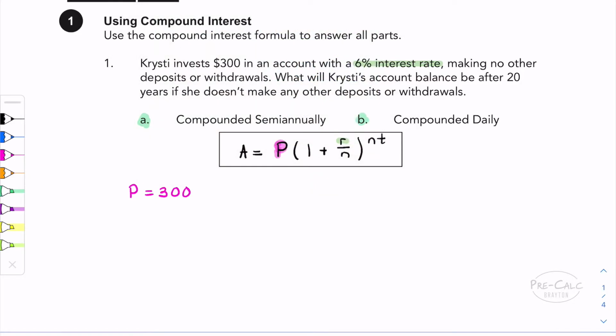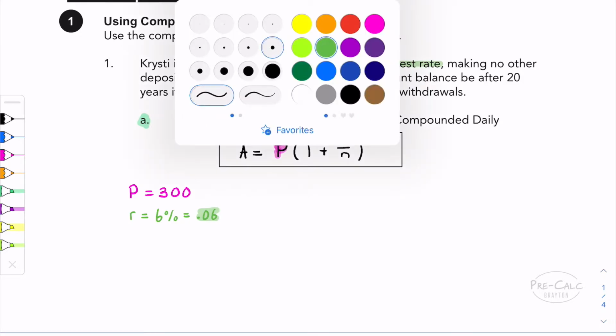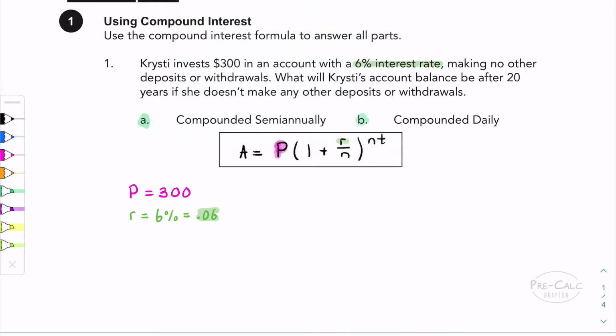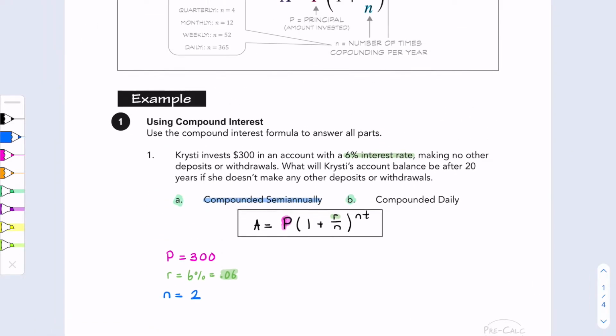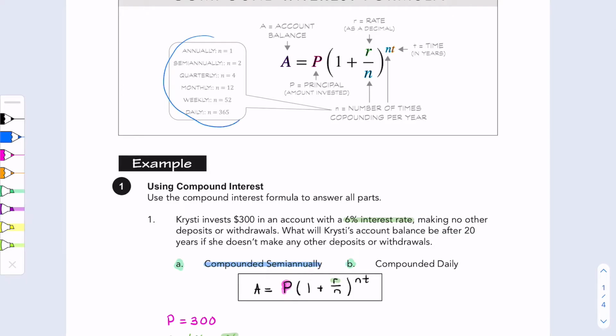When you write a percentage as a decimal, which is what you need to use for your function, you would rewrite 6% as 0.06. Next, we have the number of times compounded. This function is compounded semi-annually for part A, so our n value is twice. If you don't know that, it's in the chart we went over above.